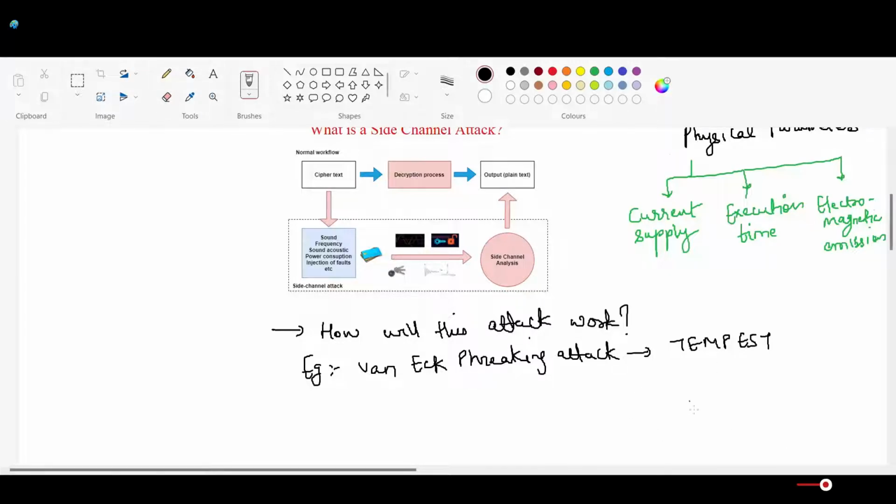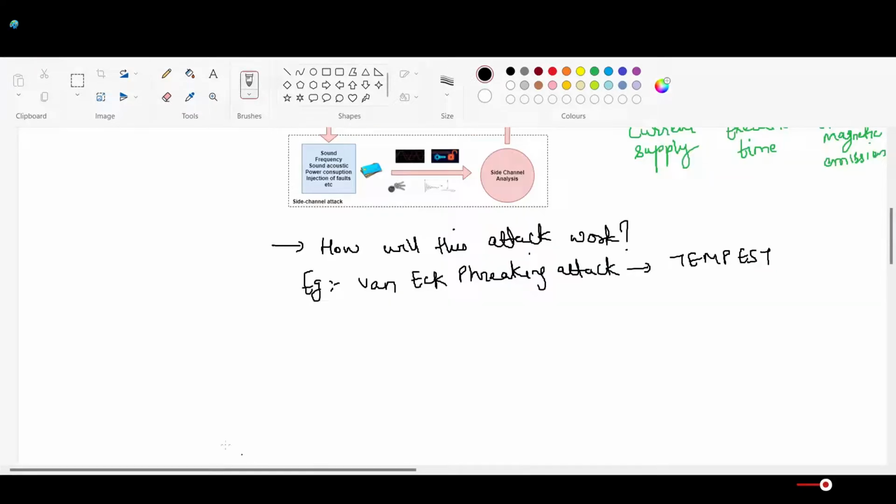Now there are a few side channel attack vectors which we should know of. First is the timing attack.